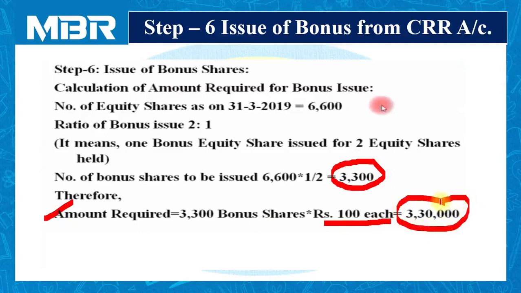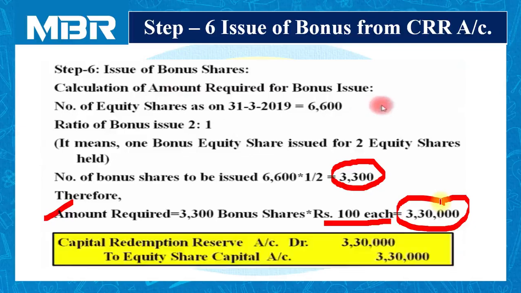It means that we need rupees 3,30,000 from CRR to issue bonus shares. We have capital redemption reserve of enough amount. So the journal entry: CRR account debited 3,30,000 to equity share capital account 3,30,000.